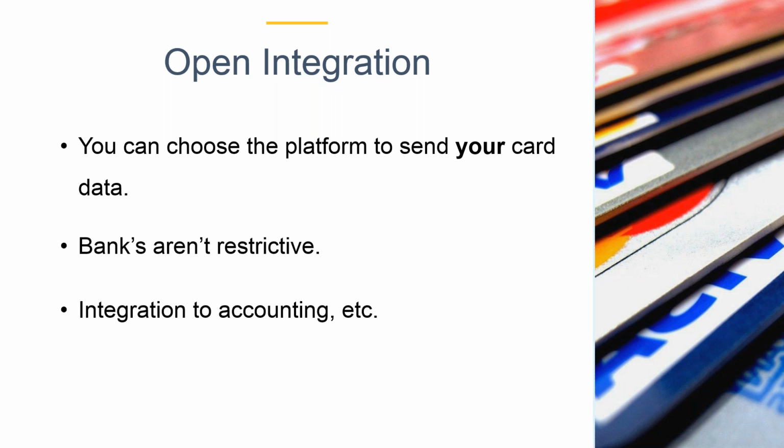They're actually quite helpful in working with third parties if you do want to put this data into the solution. Once we have that, one of the things that we are going to want to do, as well as other platforms, is to make sure that not only are we integrating into the bank, that we are also going to create integrations into the accounting system and other areas to help you automate the process as much as possible.